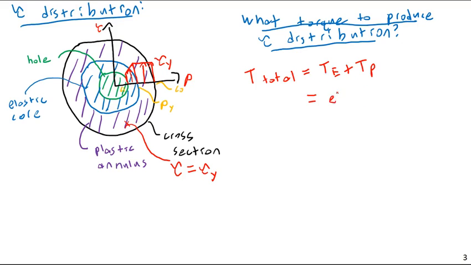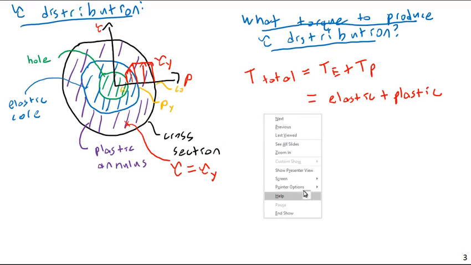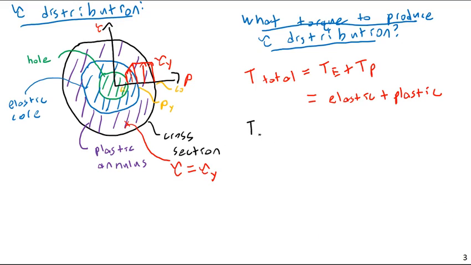So in other words, elastic plus plastic. So TE is going to be equal to tau yield, tau y, JE over rho y.